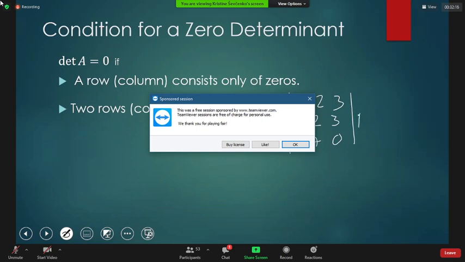So if I decide that my row 2 can be changed by multiplying row 1 by minus 1, that is, I subtract the first row from the second row, the value of the determinant will be the same. So I will have 1, 2, 3, then 1 minus 1, 2 minus 2, 3 minus 3, and 4, 7, 0. And I see that if I expand this determinant through the second row, it will of course be 0.